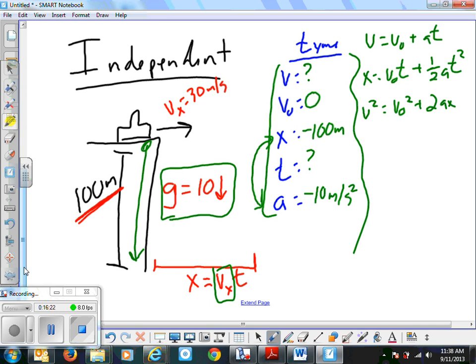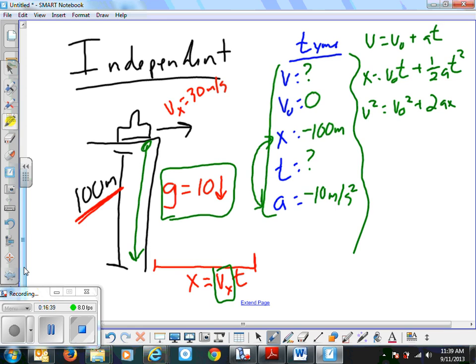One more thing about this. You write a checklist for X stuff, you write a checklist for Y stuff, you never write a checklist for X, Y stuff. You never do math with X, Y stuff. You only do math with X stuff and Y stuff independently and put it all back together at the end.